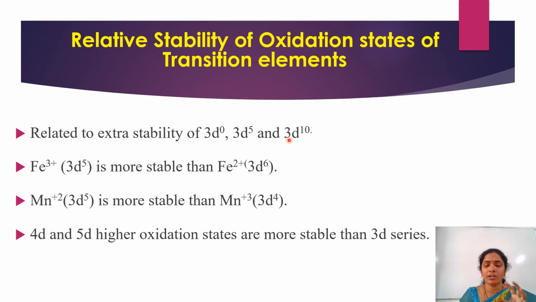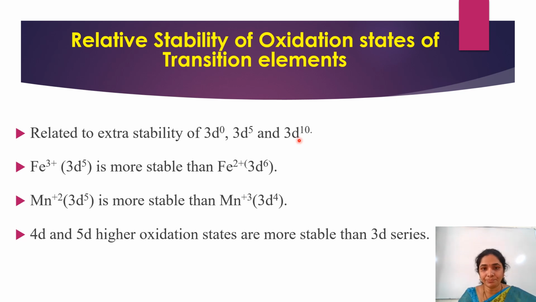Nothing but for any element in its oxidation states, whether it may be +1, +2 or +3 or +5, +6 also, if that oxidation state gives the electronic configuration of either zero-filled 3d orbital or half-filled 3d orbital or 3d10 configuration, this condition makes that particular oxidation state stable for that element.